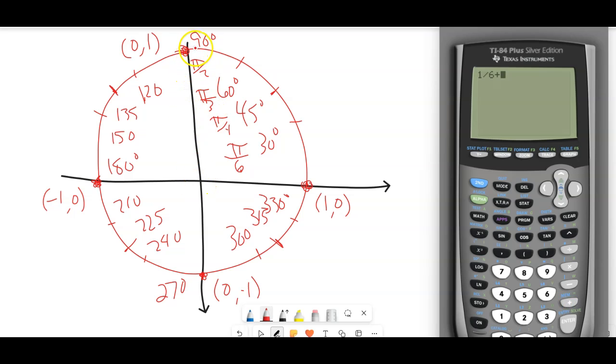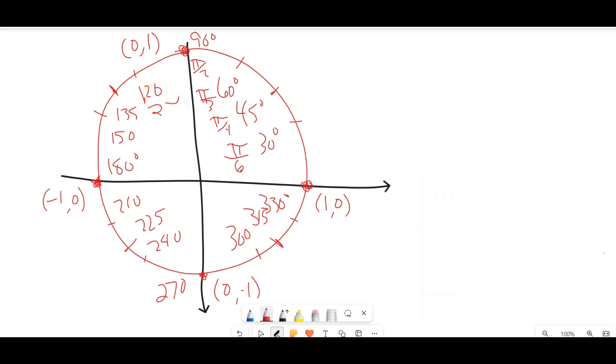Like I did 90 plus 30 to get the 120, well, I could do pi over 2 plus pi over 6. So pi over 6 plus pi over 2, but again, I'm ignoring the pi. So 1/2, enter, and then math into a fraction. So I get 2/3, but put a pi back there. So this 120 is 2 pi over 3.